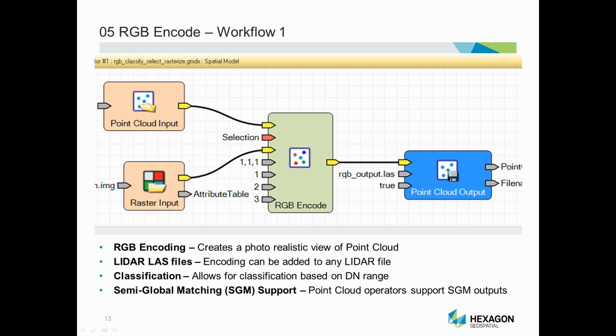So that RGB encoded output from semi-global matching algorithms, like those available in Imagine Photogrammetry and Image Station Automatic Elevations Extended, are supported in here, of course, and are kept intact as you go through where necessary. So if it's an RGB encoded input, it will remain the same unless you do something to remove the RGB encoding at your preference.